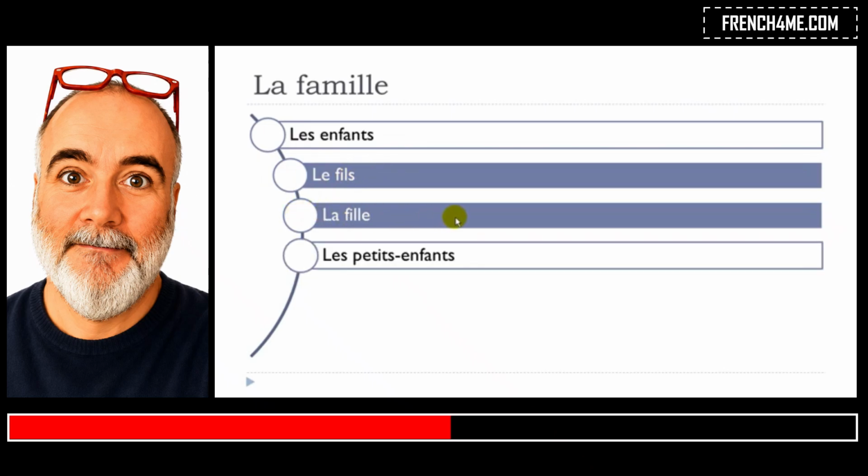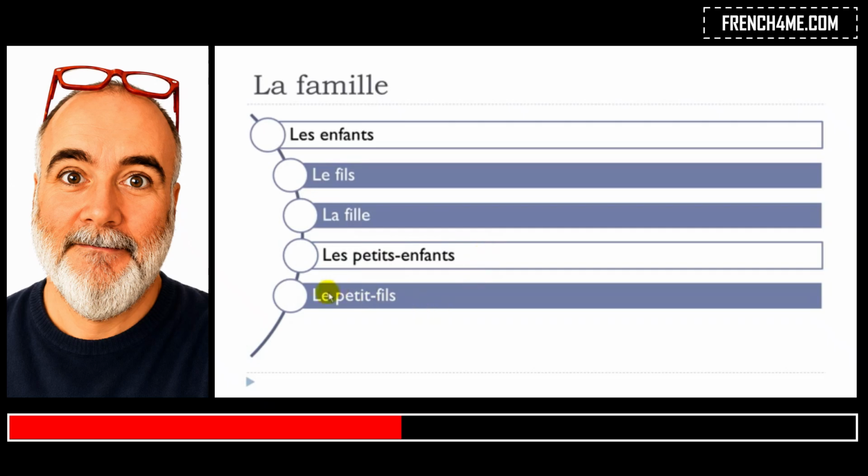Okay, and then the grandchildren, but then in French we use the petit. Petit is like small. Okay, so les petits enfants. Make this liaison here. Petits enfants. So grandson would be in French petit fils. Okay, so le petit fils.